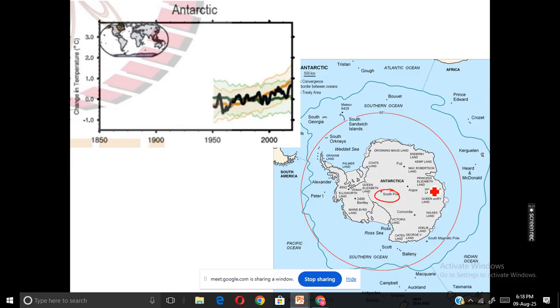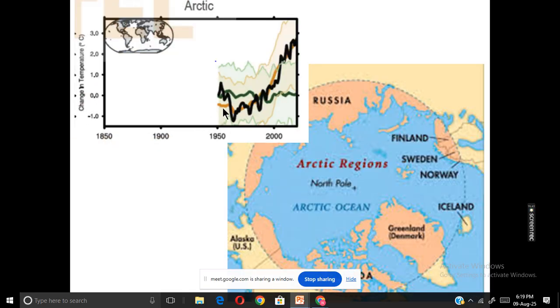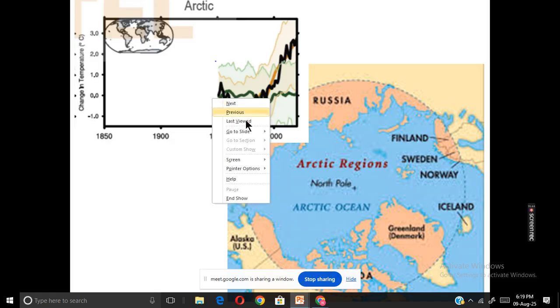Over Antarctica, the temperature increase is less than 1 degree Celsius, around 0.8 degrees Celsius, over the south polar region.